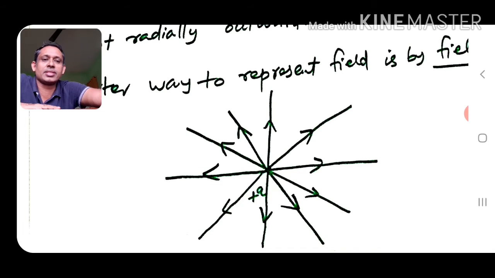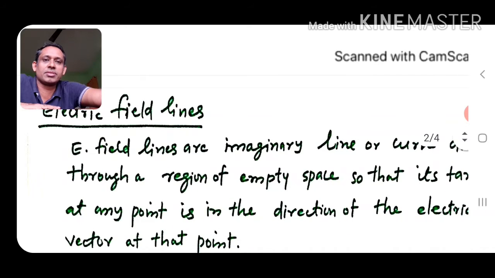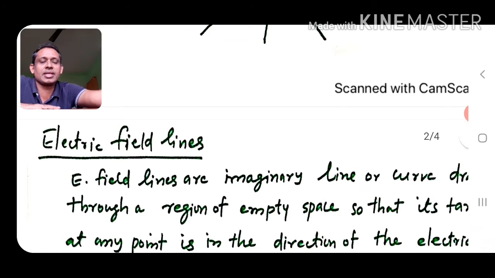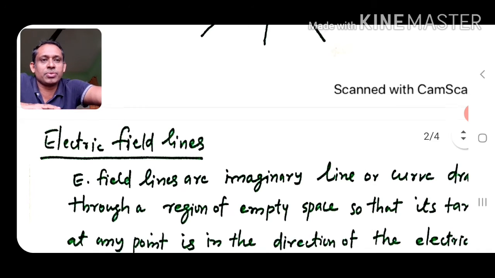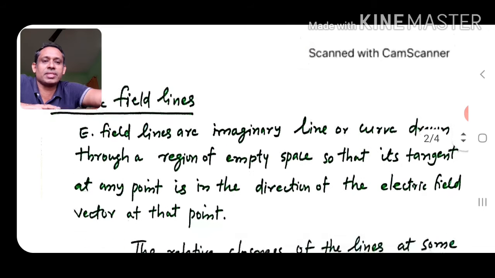Now let's look at the electric field lines in detail. So what are electric field lines? Electric field lines are imaginary lines or curves through a region of empty space, so that the tangent at any point is in the direction of the electric field vector at that point.